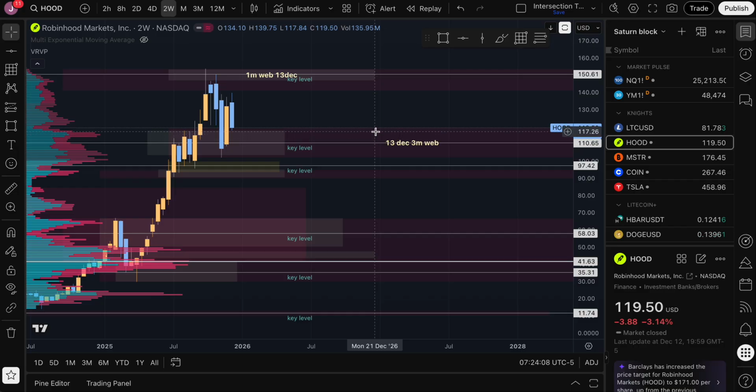So that's in this area, 115 to 117. We're saying there's a strong key level. It's definitely true. I can see these wicks. If I grabbed those, it would literally fill this zone.